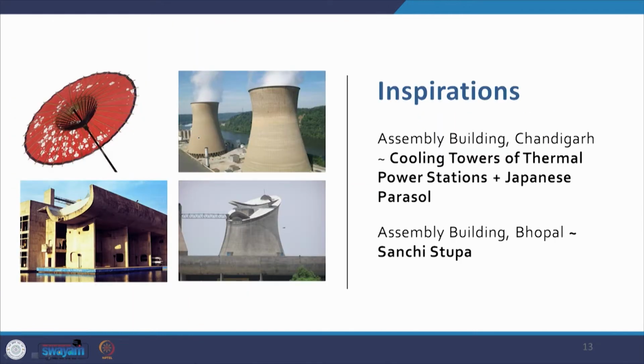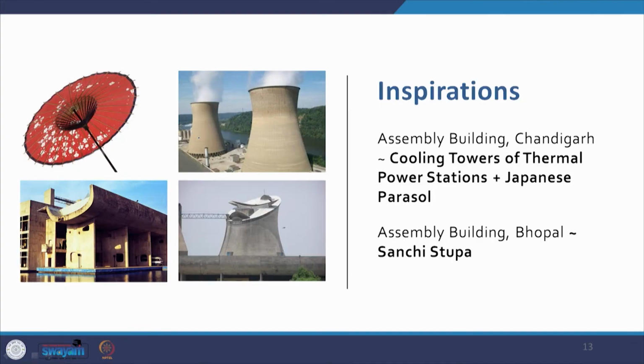Then there are other inspirations, and in Chandigarh there is no lack of ways the buildings have been inspired: Mughal architecture and many other things that I have already mentioned. But here we have the cooling towers of thermal power stations from which this element has been borrowed, I would not say borrowed, but interpreted.